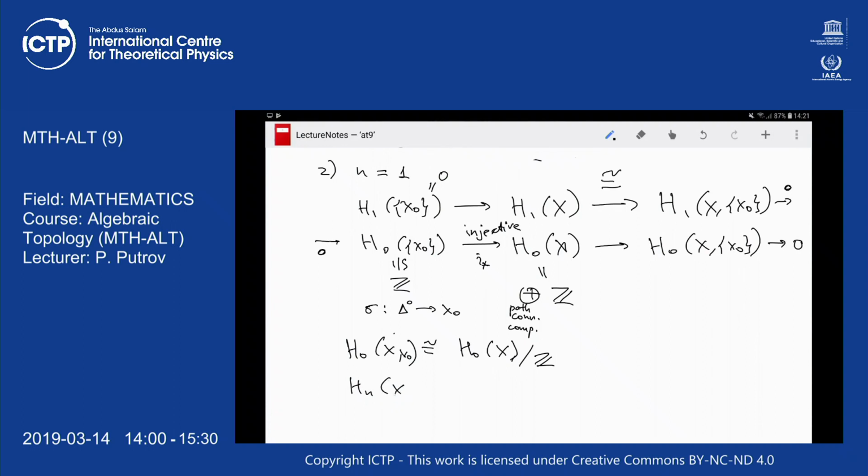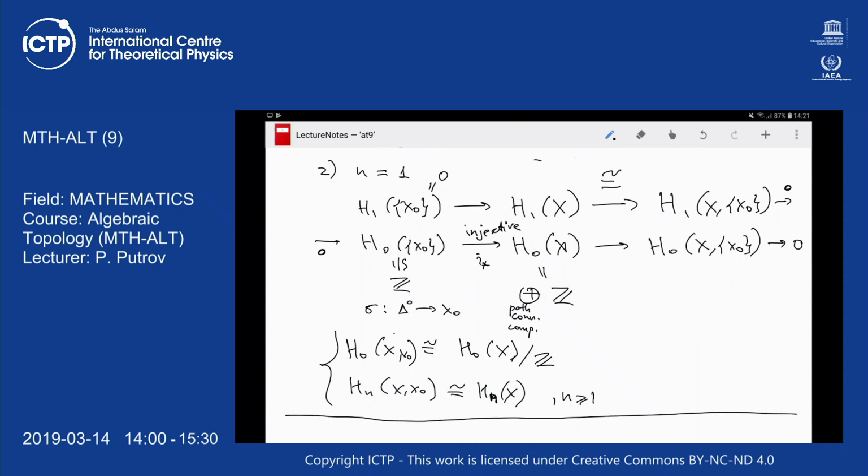And for higher n, this is the same. So we obtain the following result, expressing the homology relative to a point in terms of the homology of the original space. Questions?